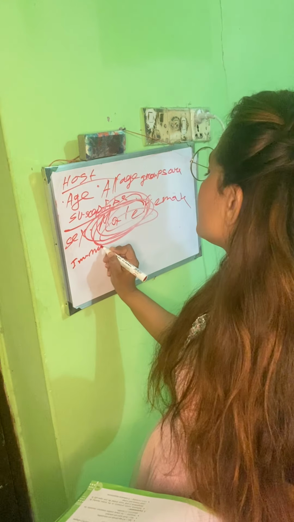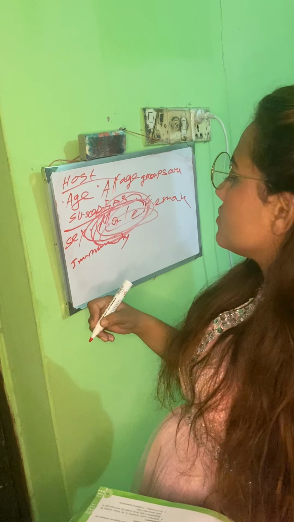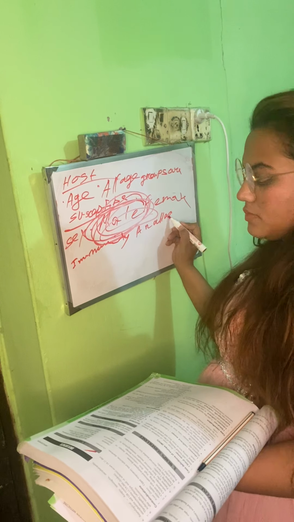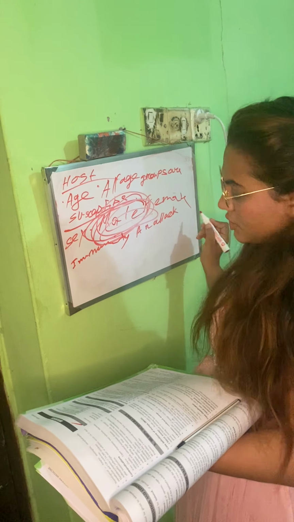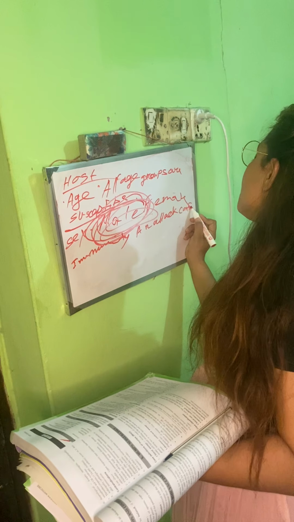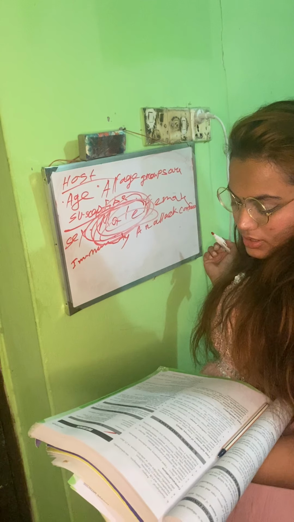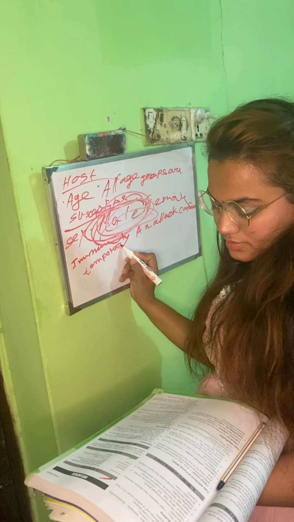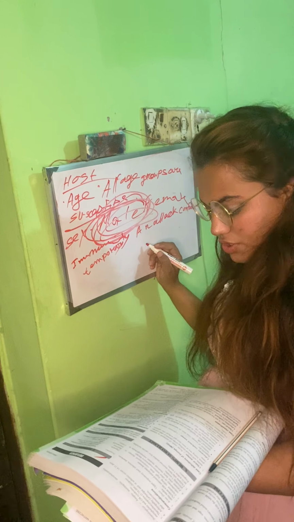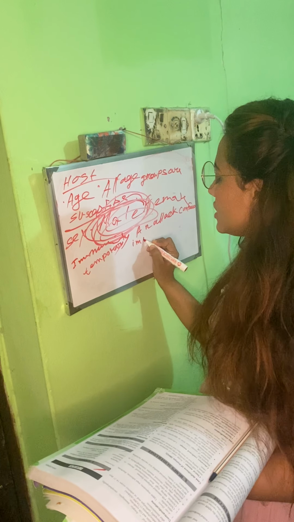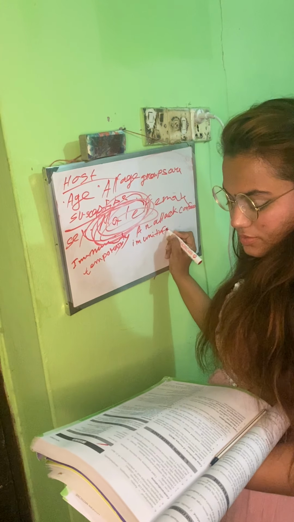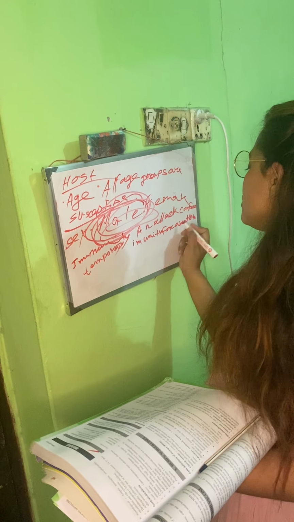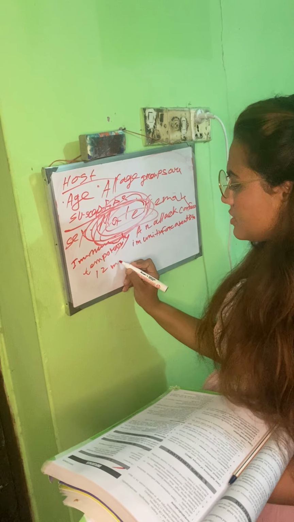Immunity. An attack confers temporary immunity for about 8 to 12 months.